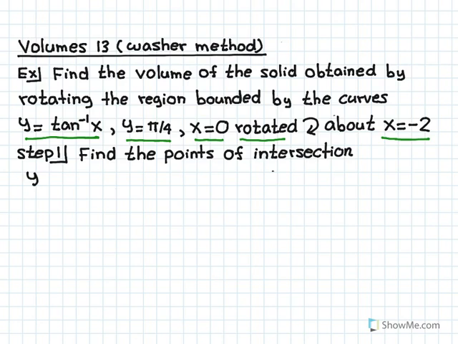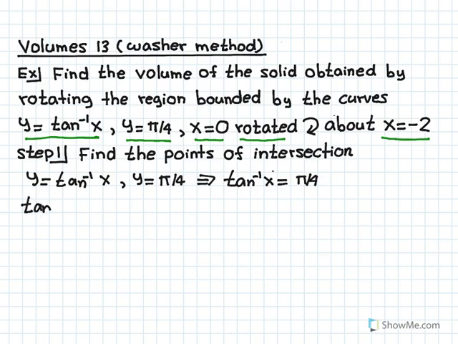So we have y is equal to tan minus 1 x, and we have y is equal to pi over 4. We make y equals y, we get tan minus 1 x is equal to pi over 4. And now to solve for x, we'll take tangent of both sides.